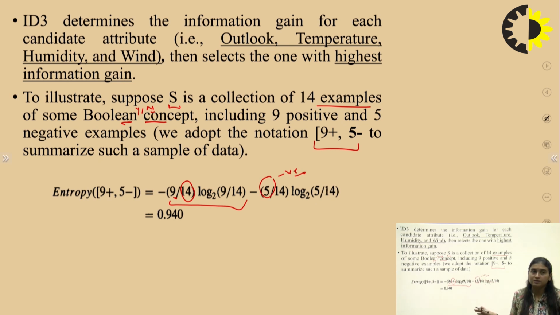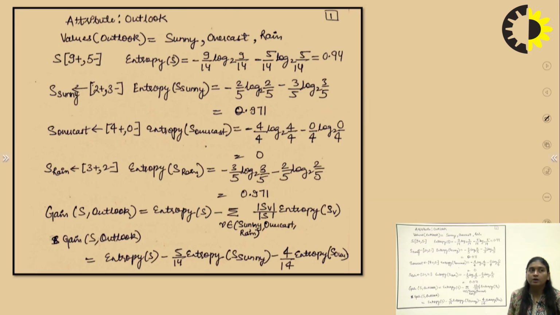Since it's a Boolean classification, we have only these two things, and after calculation we got a value of 0.940.